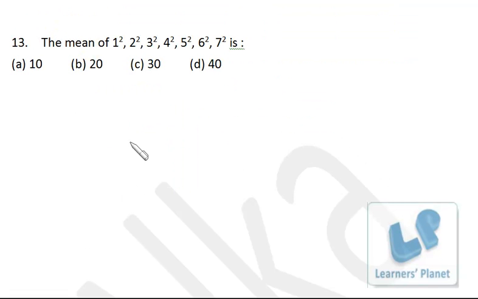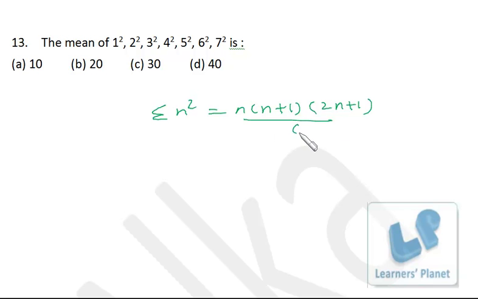now this question, the mean of these data. Okay, so you have two options. Either you can use the direct formula of sum of squares of first 7 numbers, right? So that's sigma n square is n into n plus 1 into 2n plus 1 by 6. That will be the sum, right?